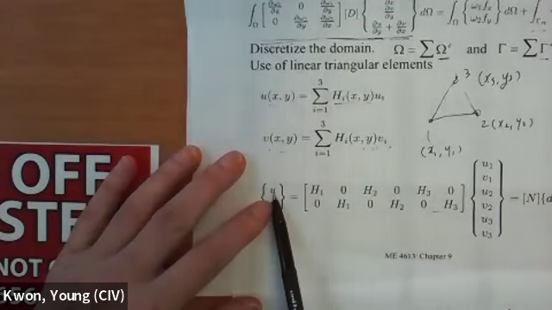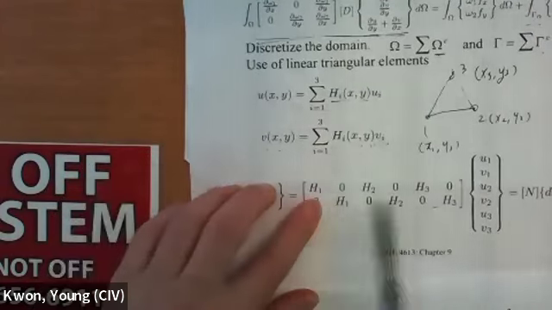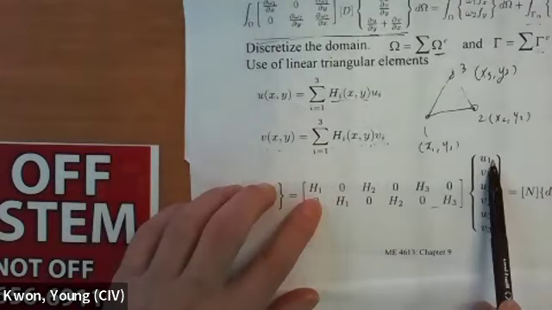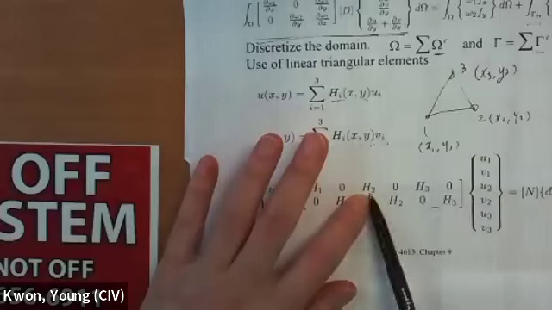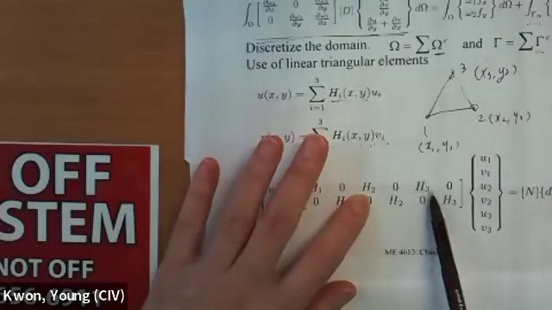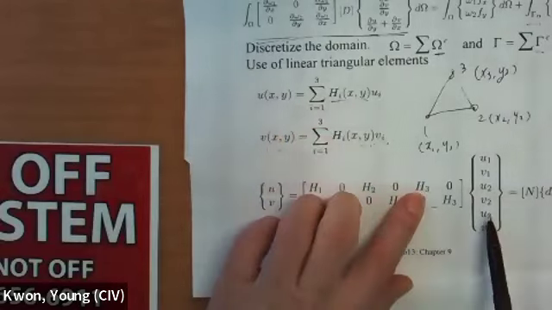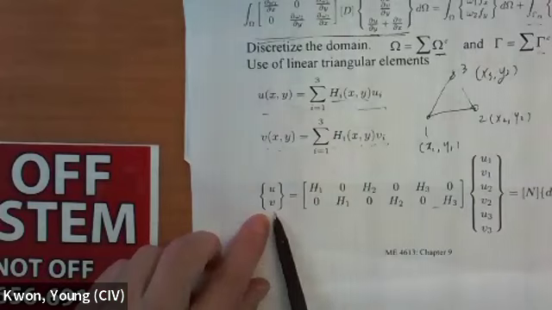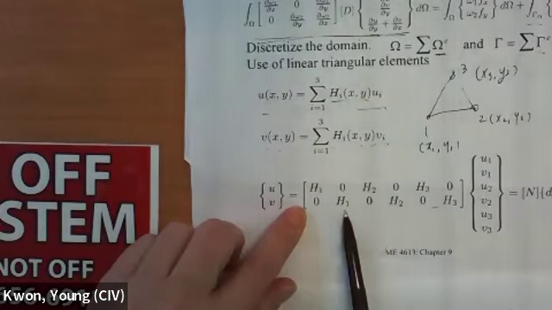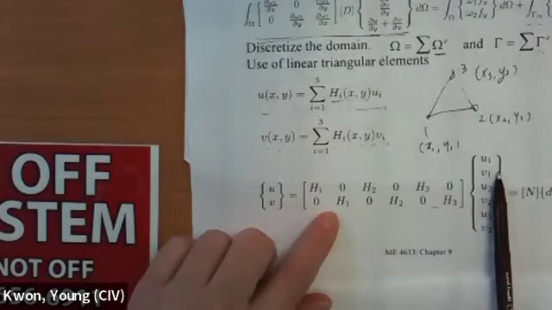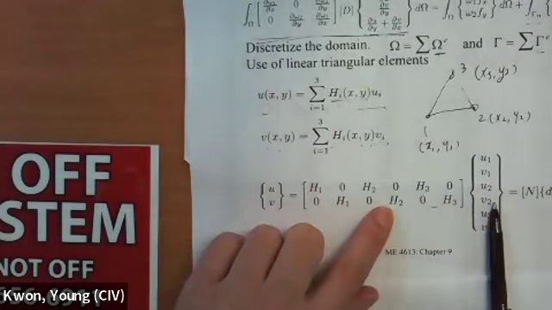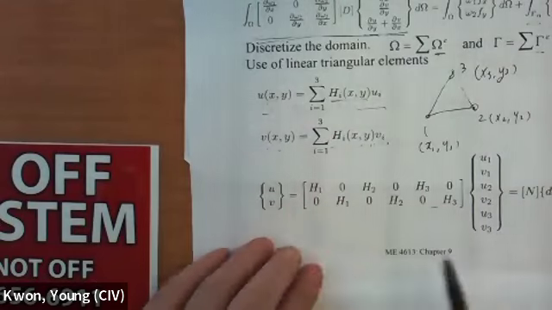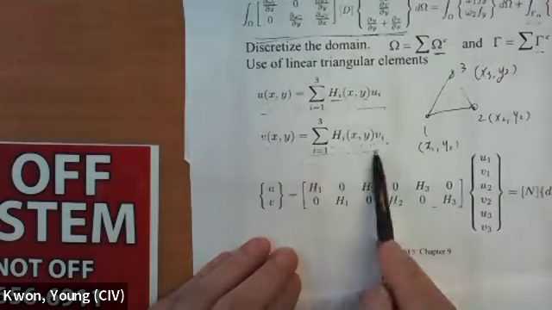In other words, U is going to be H1 times U1 plus 0 plus H2 times U2 plus 0 plus H3 times U3, which is exactly the same as that. And then V is again 0 and H1 times V1 plus 0 plus H2 times V2 and H3 times V3, which is the same as this one.